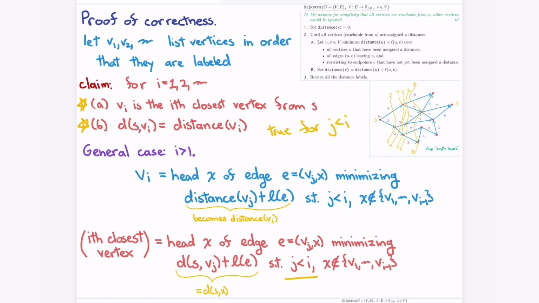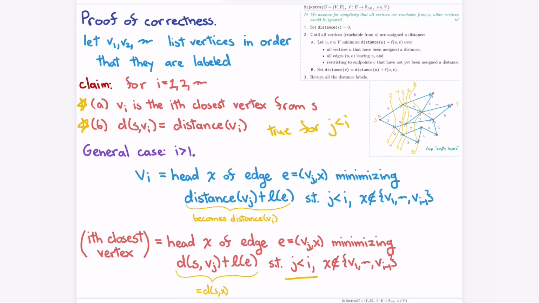Okay, so I know that the closest walk from S to the ith closest vertex, whatever that is, which might not be Vi, we want to show it's Vi, I know that it's coming directly from one of the closer vertices. So when I write such that j is less than i, that's a compact, for lack of space, way to say it's coming from one of the closer vertices. It's a little awkward because I'm still trying to maintain some separation between what the algorithm does and what the truth is, except by induction, the algorithm and the truth coincide for all j less than i.